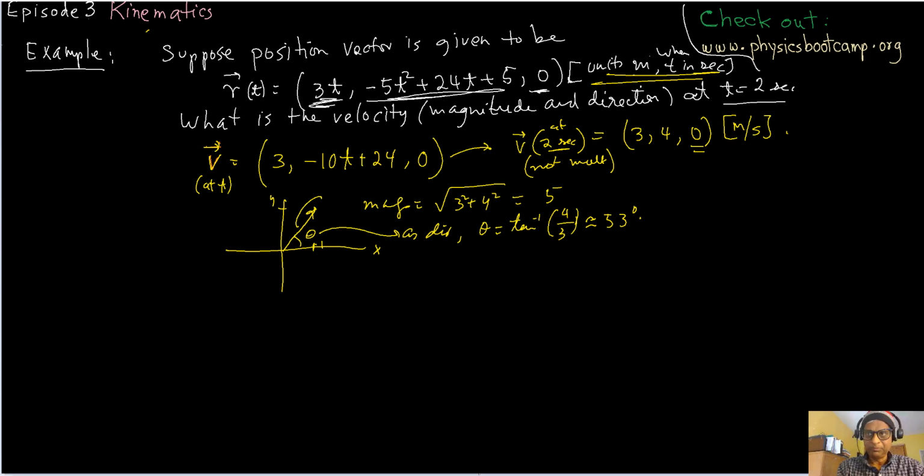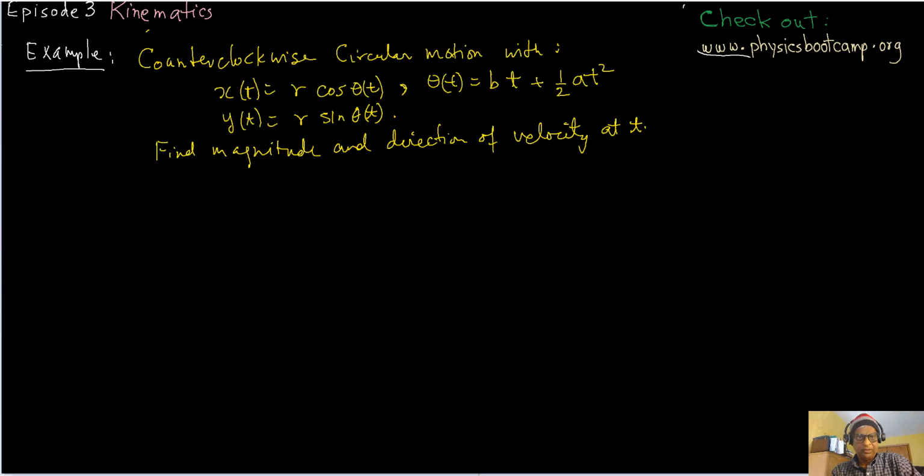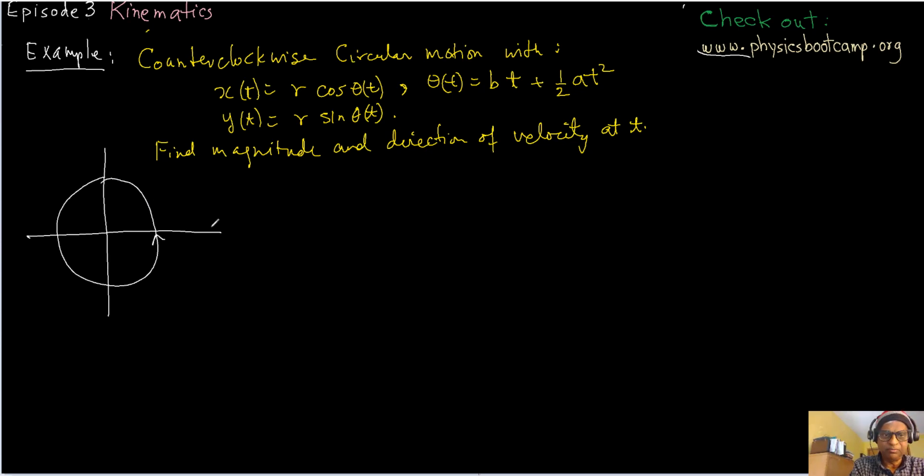Let's do another problem. Okay, so this is another pretty standard problem. So something is moving in a circle, going around like that in that direction, and there is a coordinate system.